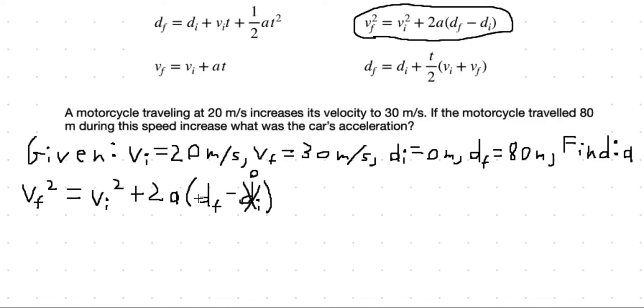Okay, so what we could do is we could solve for a without plugging in values just yet. So let's go and solve for a algebraically. So what we can do is I can move vi squared to the other side by subtracting vi squared. And then I'm left with 2a df on the right side.